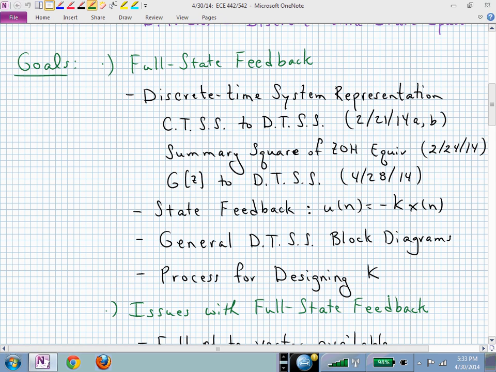You have this square dance of connections between these different representations: the time domain, continuous and discrete, and the frequency domain, continuous and discrete. Those four, and you should be able to navigate your way around to arrive at a state space representation. Once you have a state space representation, we can then apply state feedback.